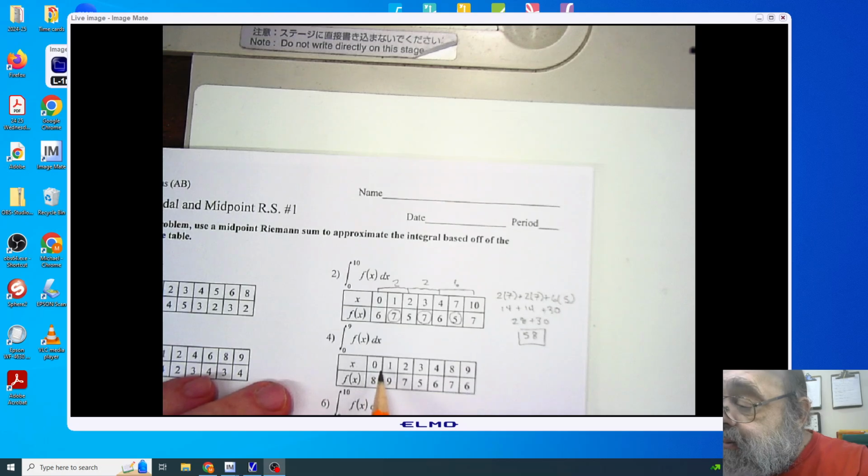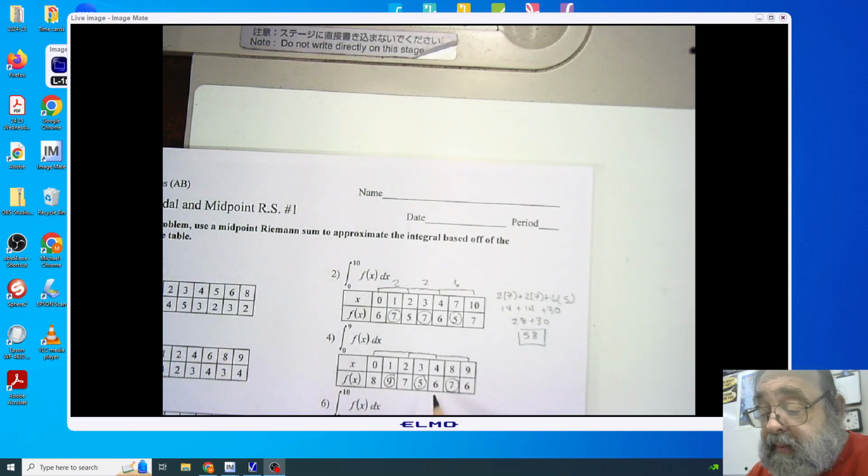Working with the chart, once again we go over, and go over. Notice that 1 is a midpoint, 3 is a midpoint, but 8 is not. So we're still going to have to use the value of y at 8, even though it's not technically a midpoint. It's close enough based upon the chart.